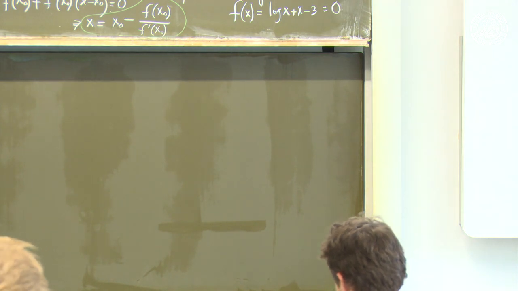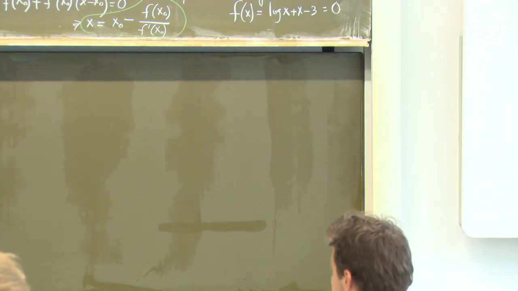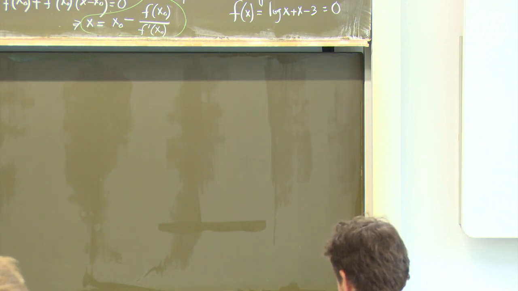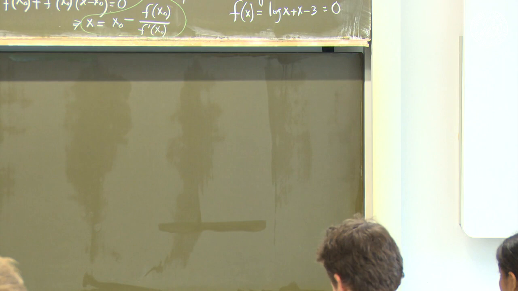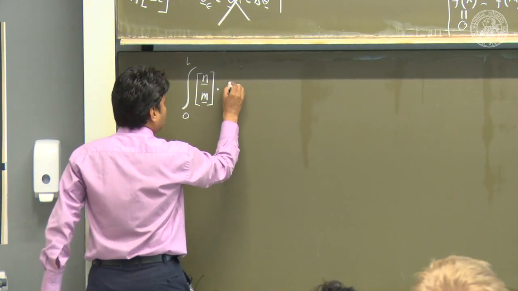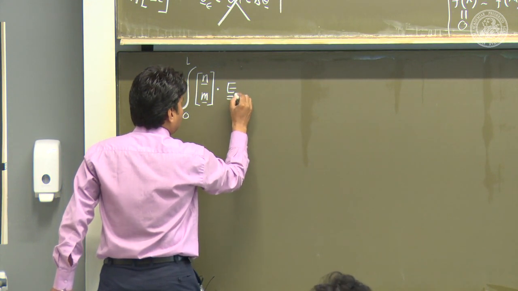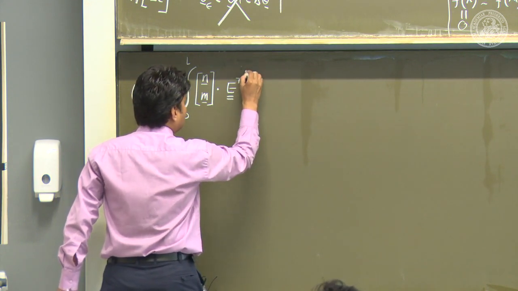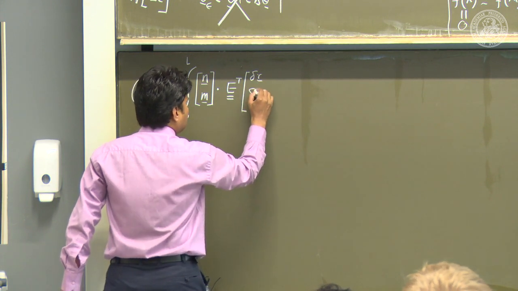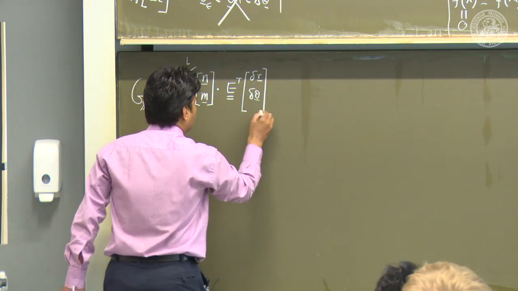I will just write down again your G static, which was the integral from 0 to L of n, m dot E transpose del r, del theta.